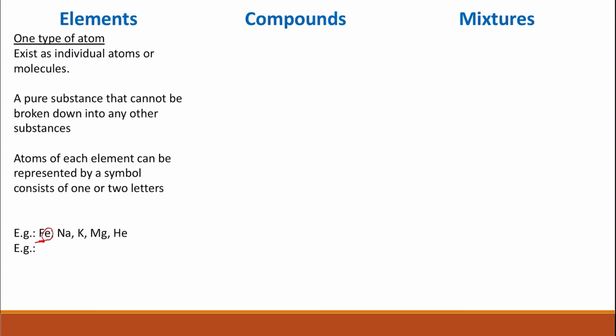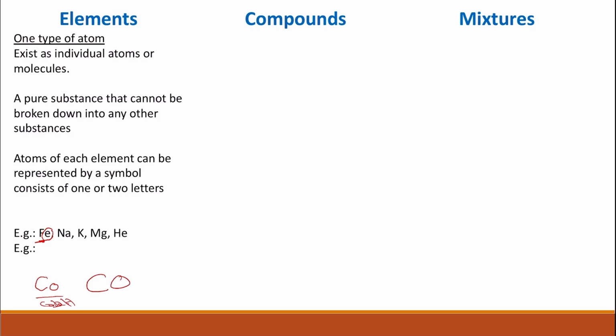So you should be able to differentiate between something like Co and CO. Both of them are C and O. The first one, you can see that the C is an uppercase letter, the second letter is a lowercase letter, so this is an element, this is called cobalt.